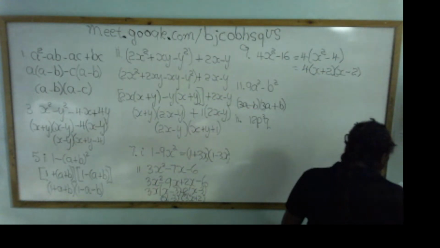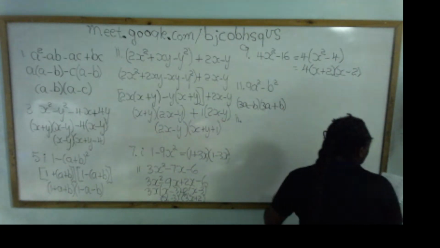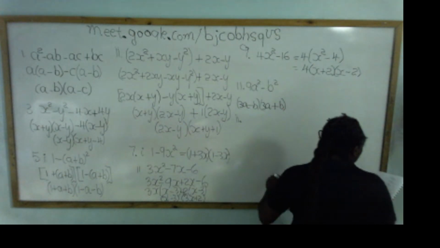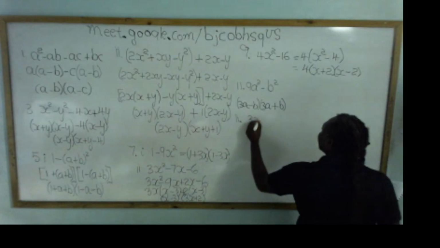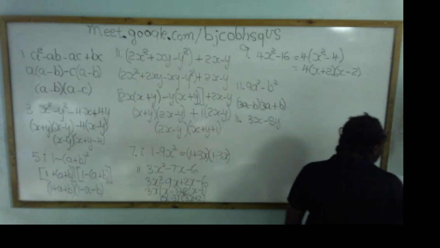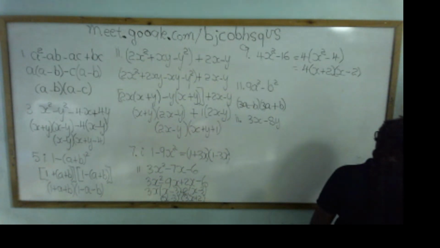No, that's not it. We're still not number 11. Let's go. 3x minus 8y minus 4xy plus 6.